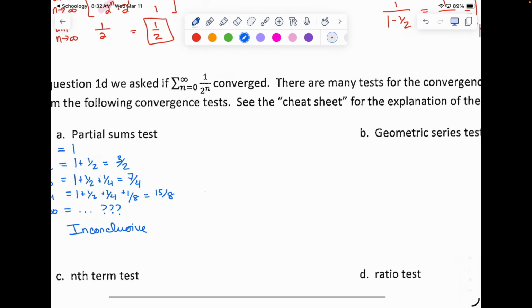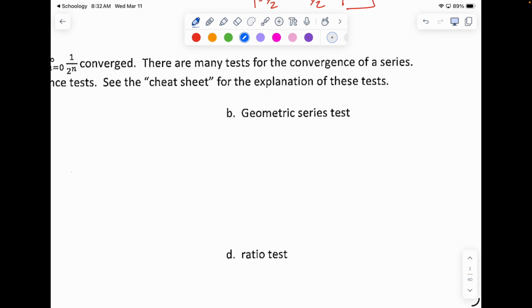Let's look at a geometric series. So the geometric series test says if it's a geometric series, we know it converges. So we can find the infinite sum of a geometric series by using our formula a1 over 1 minus r. And we found it. This is just the formula we did from up above.